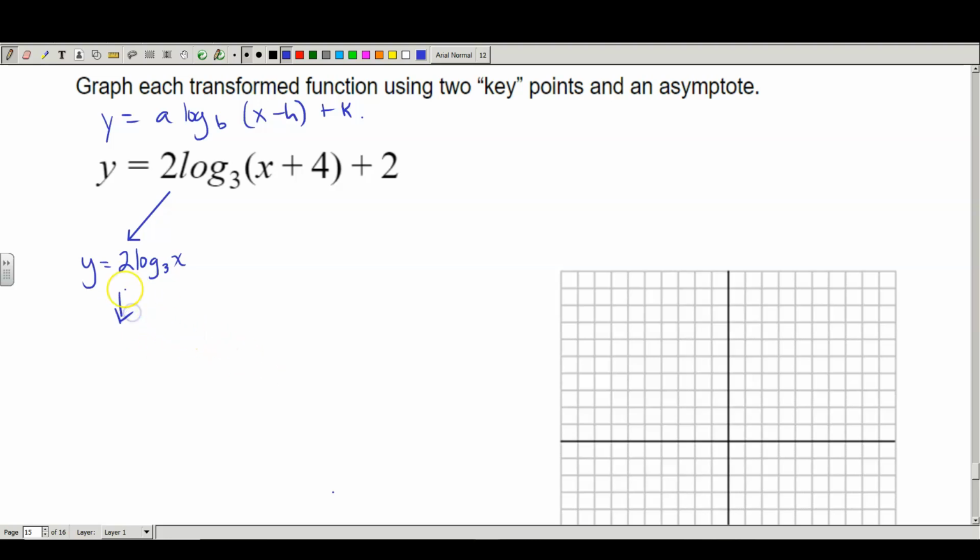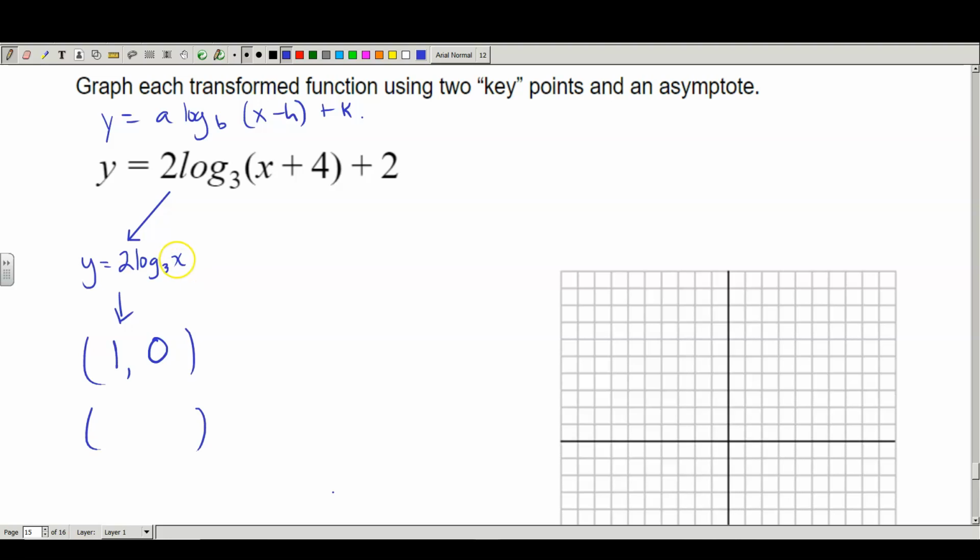So let's think about 2 key points for this graph right here. The first thing I'm going to plug in is always 1. If I plug in 1 here, what do I get? I'm going to have the log base 3 of 1, which again is always going to be 0. If I plug in 1 into this type of function, I'm always going to get 0.